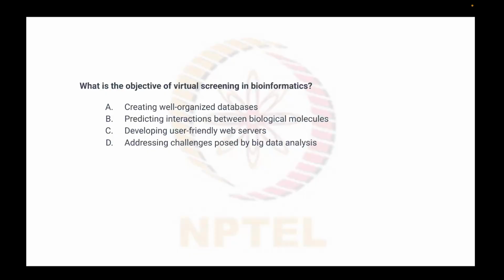So at a time you screen multiple. Okay, sir, you mean the receptor-ligand interaction? Yeah, the receptor is a protein, the ligand is a small molecule. Thank you, sir.